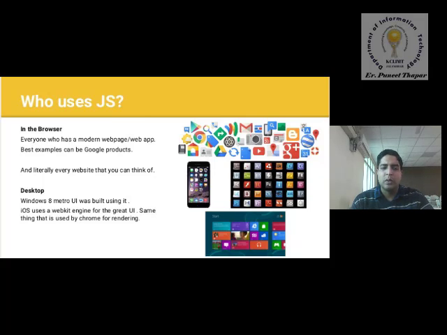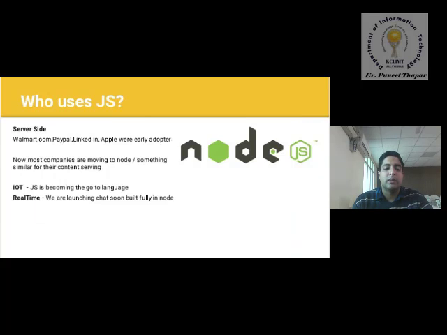We use JavaScript in HTML also. On the desktop, after Windows 8, Metro UI apps are built using it, and iOS uses the WebKit engine for great UI. That means you can provide a good, attractive interface to your desktop application, like the Windows 8 platform, which also uses JavaScript.